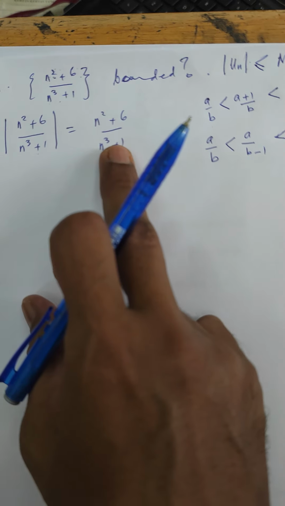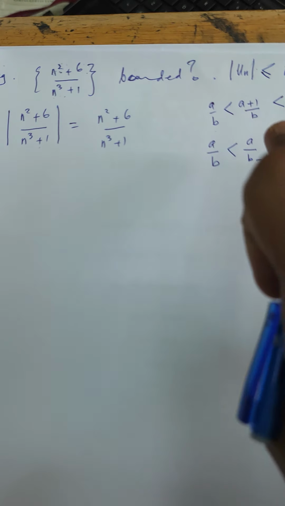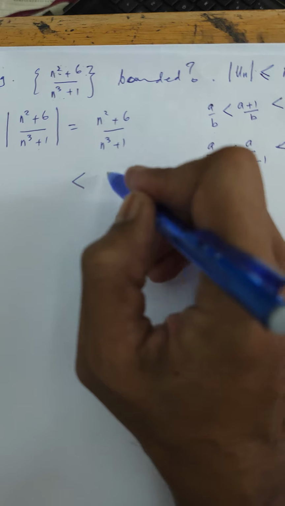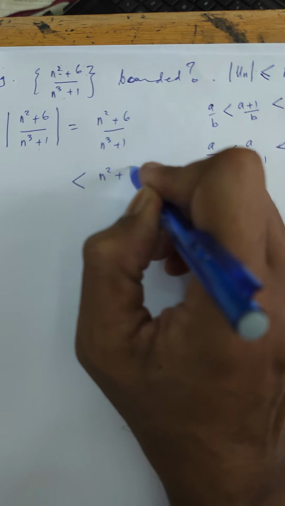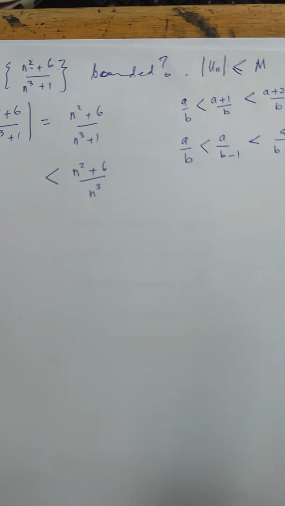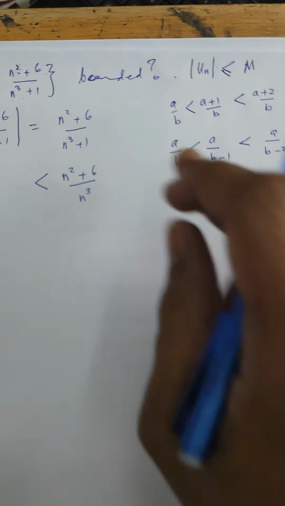Then from here, if I decrease the denominator, this is less than n squared plus 6 over n cubed. This statement is true based on this.